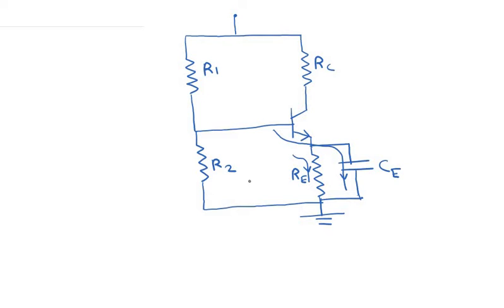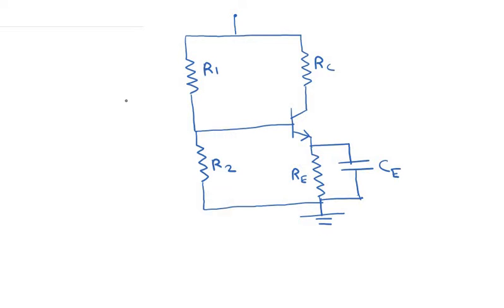This basically helps to improve the gain of the transistor, because if the AC current flows through this resistor RE, then RE would load the AC signal source, so the AC base current would decrease. If the AC component of the base current decreases, then the AC component of the collector current would also decrease, which would reduce the gain.